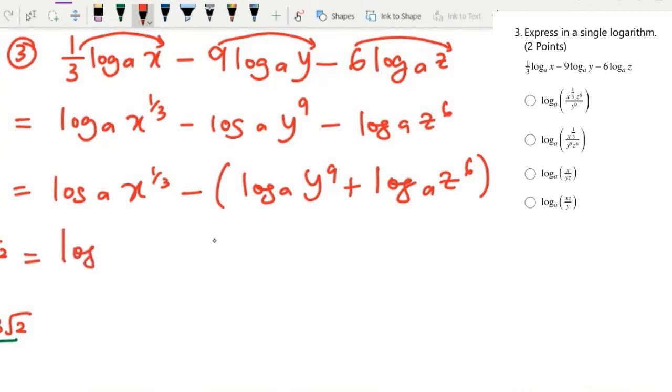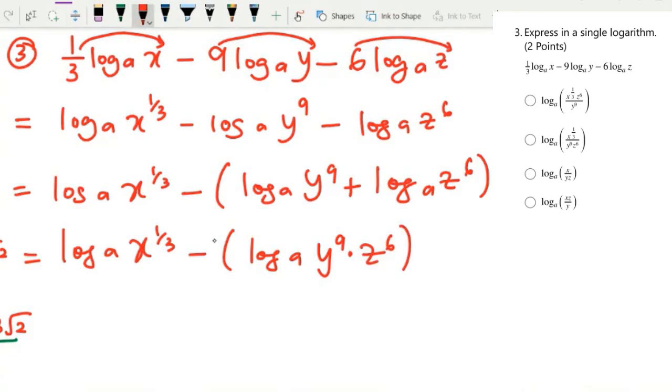So, kita buat yang dalam kurungan dulu. Okay, kalau hukum log tambah, dia jadi darab of the 2 terms. Separately lah, log A of y to the power of 9. Okay, darab y to the power of 9 darab, multiply with z to the power of 6.